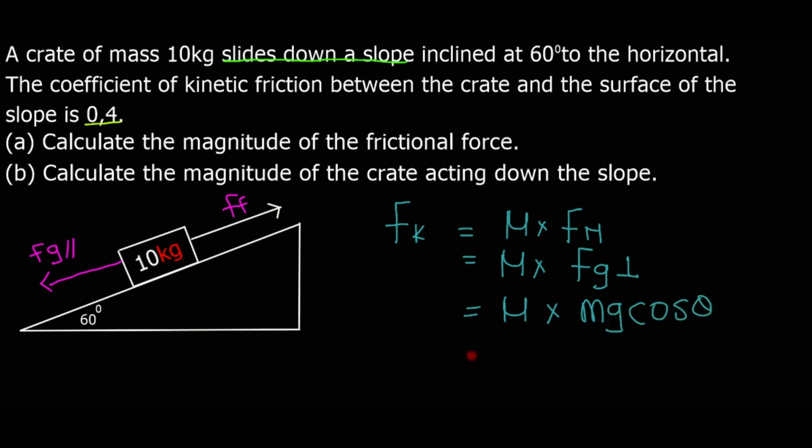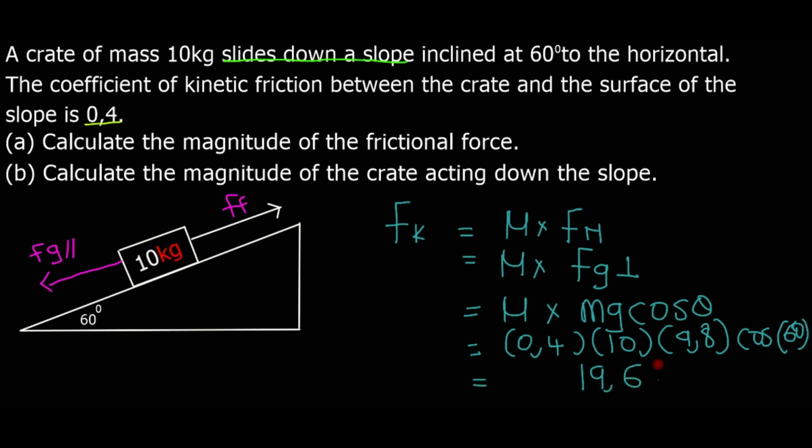From there I can substitute 0.4, and then mass 10 kilograms, and then gravity, which is 9.8, angle 60 degrees. So it will be 19.6 newtons. So this is our frictional force.